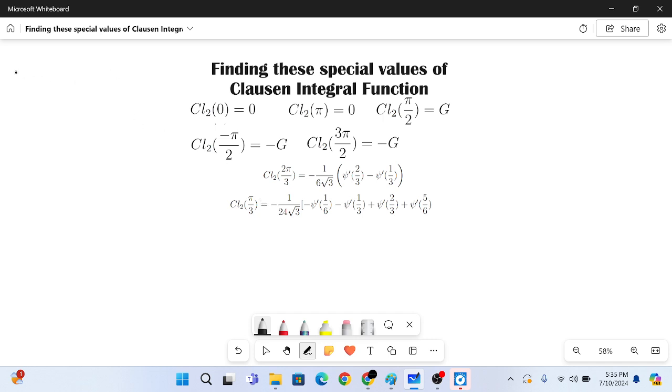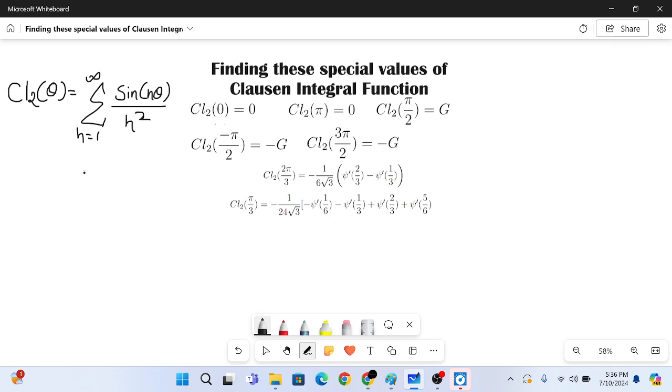First of all, you should know that the Clausen integral function is defined as the following sum: the sum from n equals 1 to infinity of sine of n theta divided by n square.